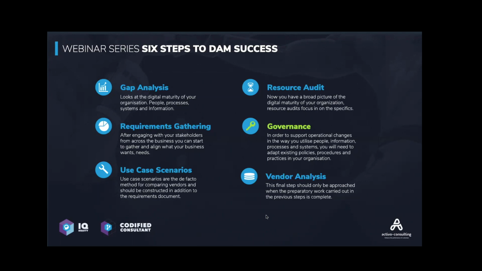Without it, everything else is pretty much going to struggle and fail and delay. These processes help you build the use case scenarios, and then ultimately you can take your gap analysis, resource audit, requirements, wrap it around governance, build good use case scenarios, and ultimately find the right vendor that's fit for purpose for you today and the next few years.